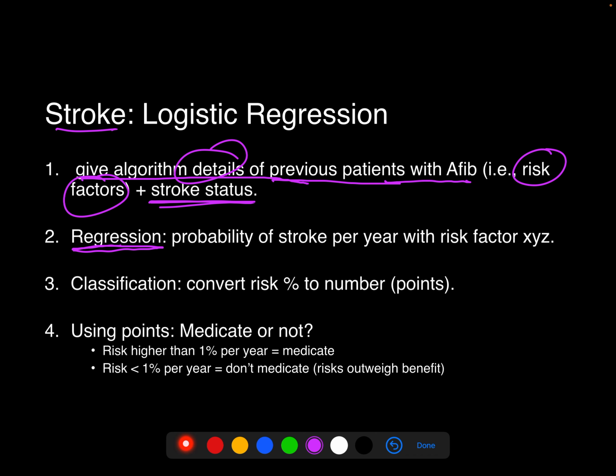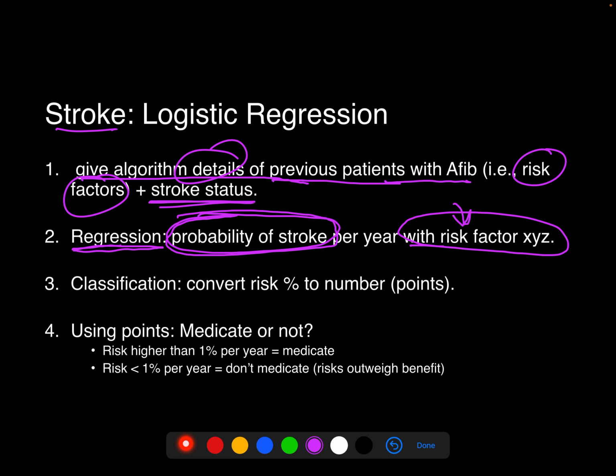So with risk factor XYZ, what is the probability of any patient getting a stroke? So for each risk factor, what is the probability of stroke? Then it would convert that risk probability to a number. So points. These are the points that I was talking about in the previous slide.